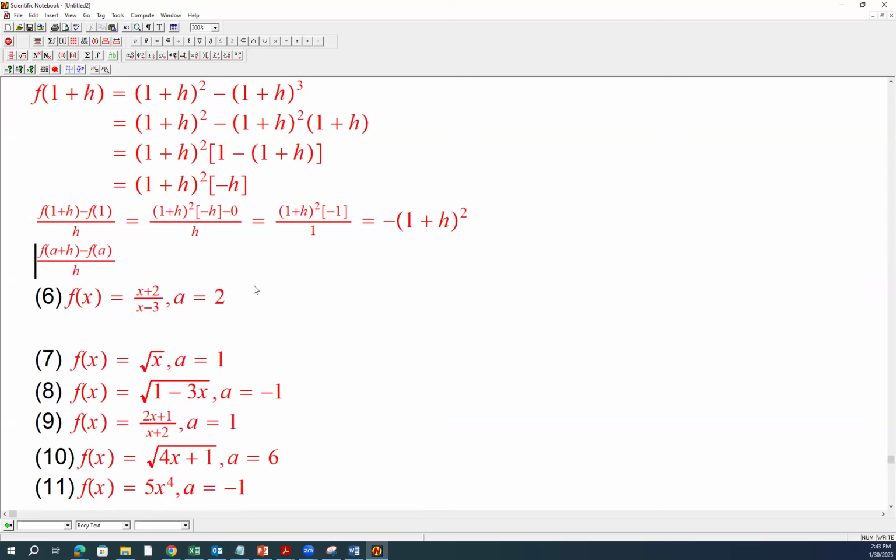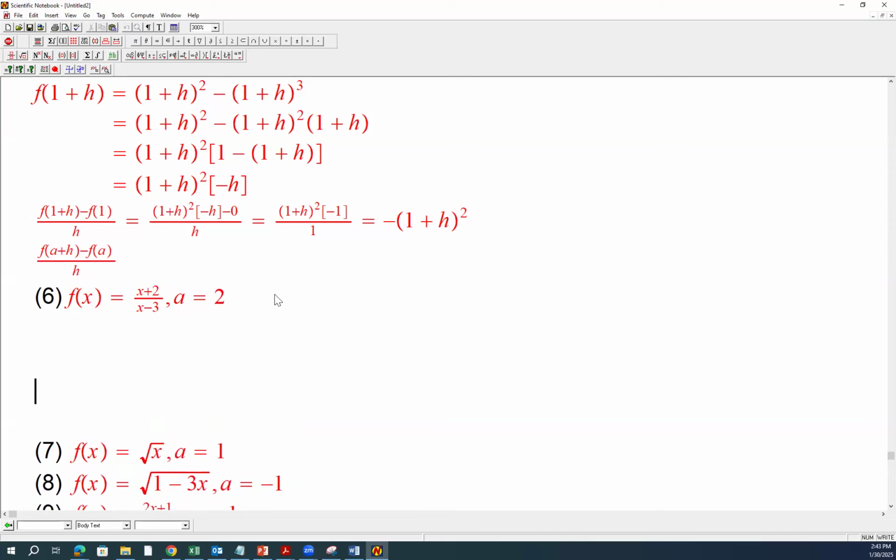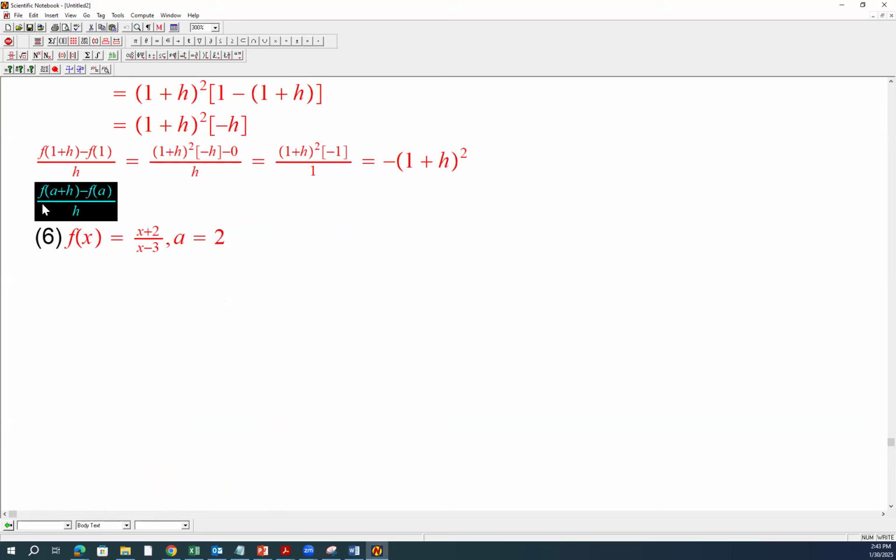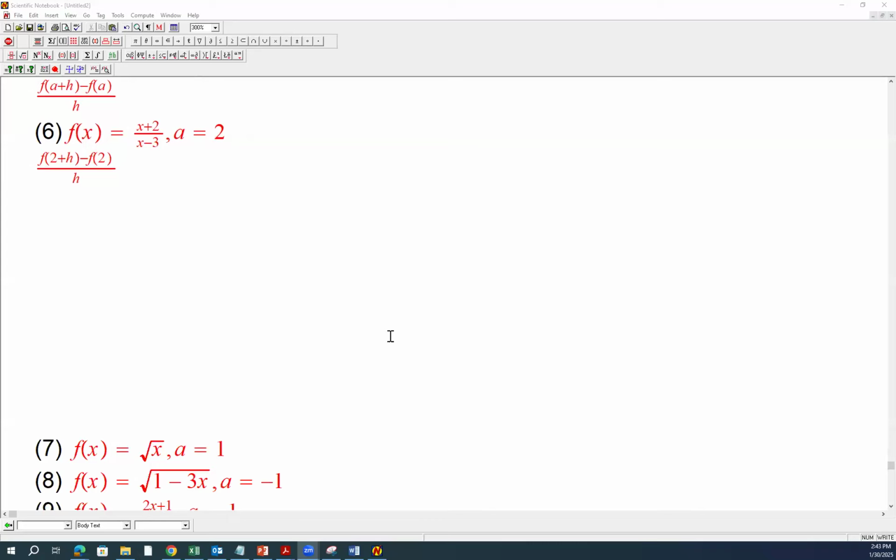Okay. Then number 6. This time we are working with a fraction form. a is 2. Okay, let's continue.